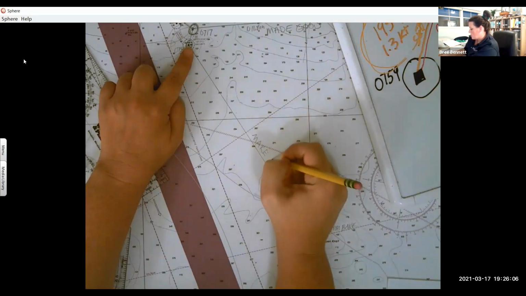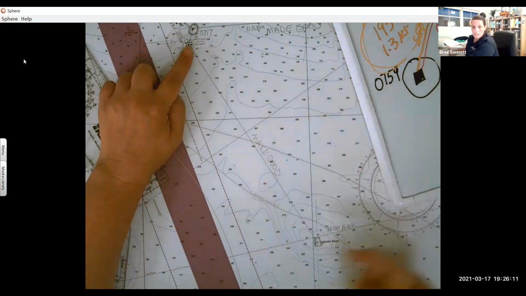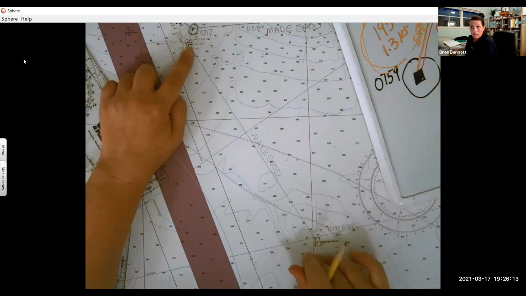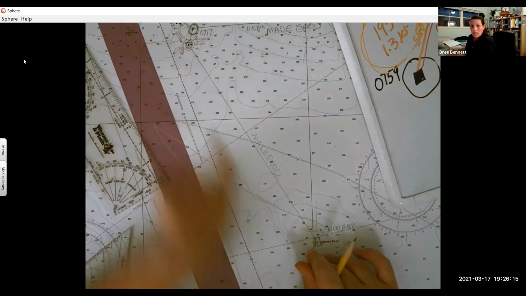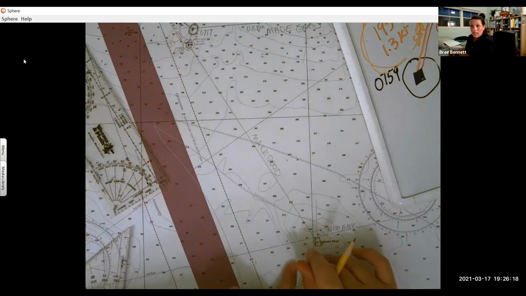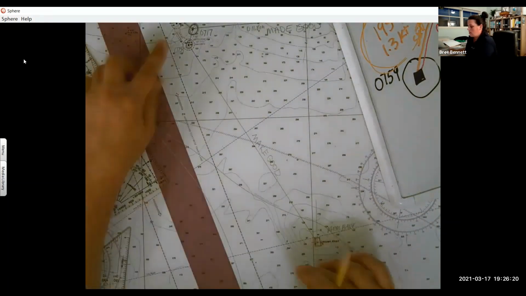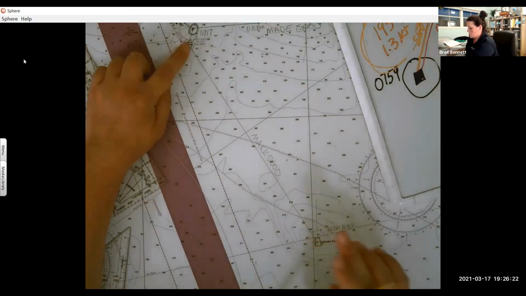I'm drawing sideways here. Sorry for my sloppy writing. Make good. This is what I want to make good. This line. It's the most direct route from where I am to where I want to go.